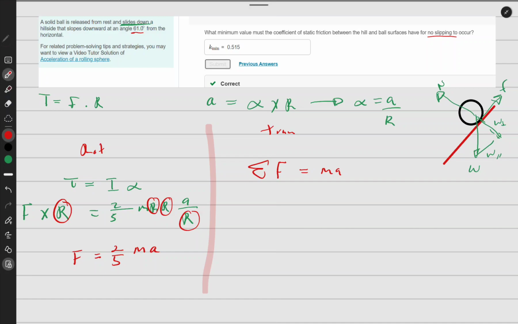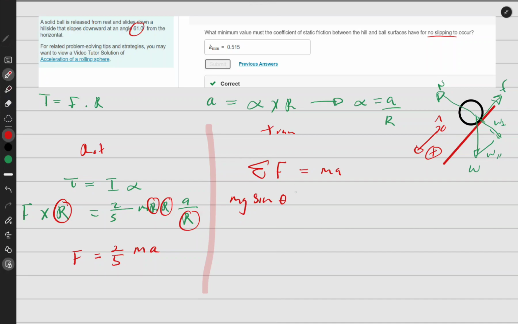I also take this x hat as positive for my calculation, down the slope as positive. So what are the forces going down the slope? It is going to be weight parallel, which is mg sine theta. Remember that we are given theta here but I'm ignoring it, so I'll just work with theta. I'll substitute in the end wherever needed.